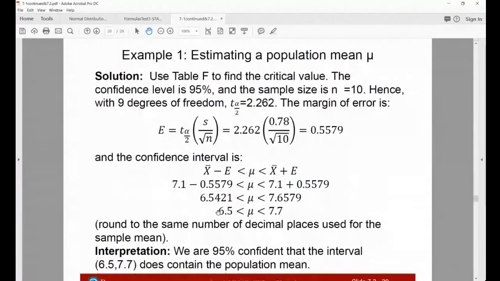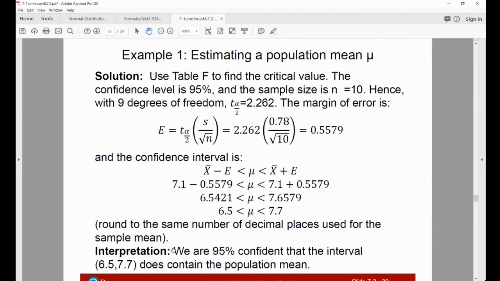So we have the solution here in the next slide. The margin of error that we obtained was 0.5579 using the critical value T 2.262. The lower limit of the interval is 7.1 minus the margin of error. So we round to the same number of decimals used for the sample mean, so 1 decimal, 6.5 and 7.7.